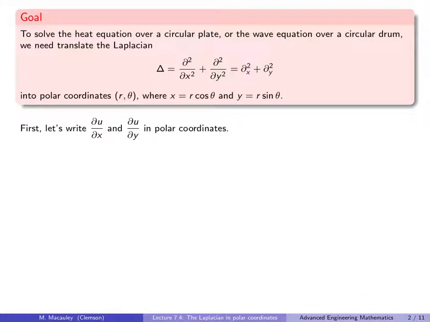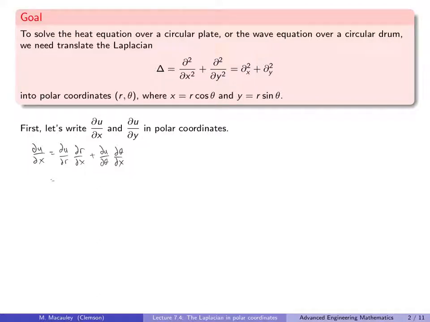First, let's write du dx and du dy in polar coordinates. We'll do that using the chain rule. So this is a review from vector calculus. I know you're probably a bit rusty in this, but that's okay. So du dx by the chain rule is du dr times dr dx plus du d theta times d theta dx.